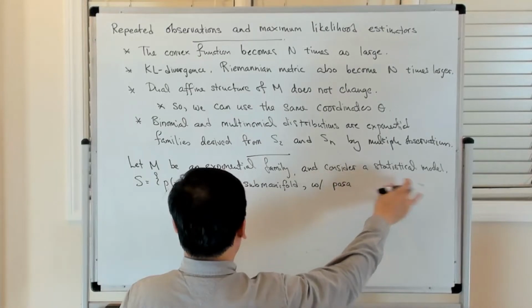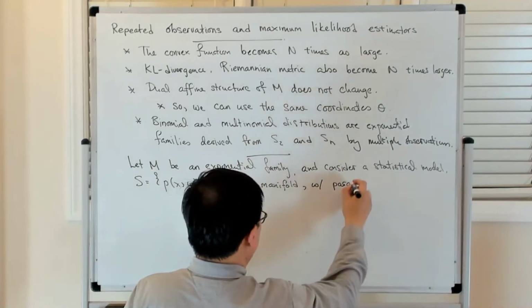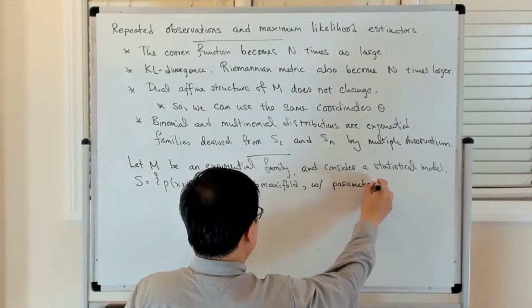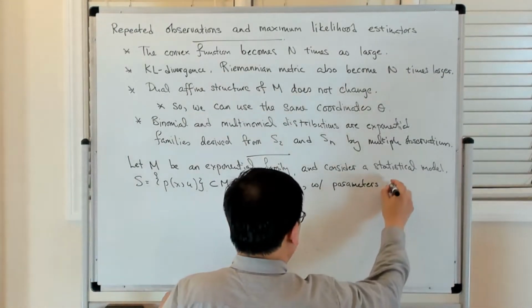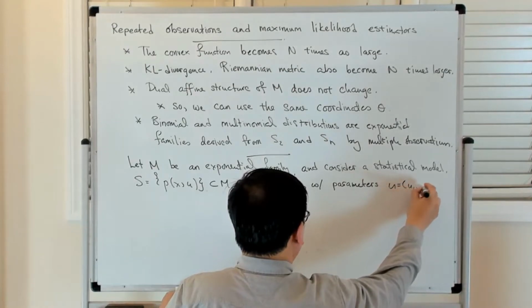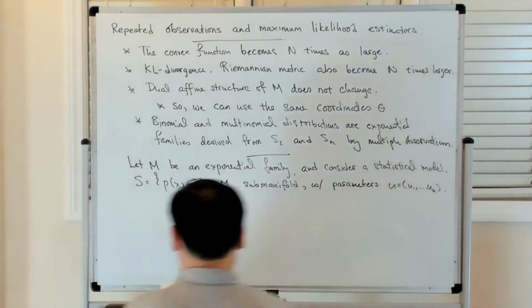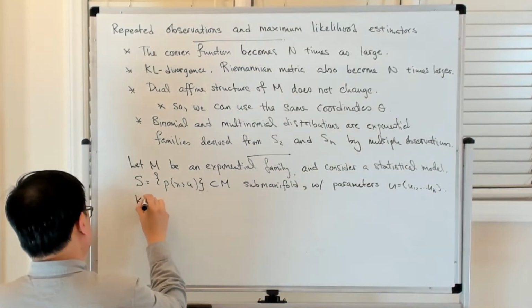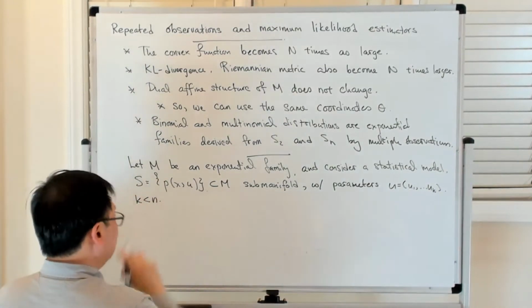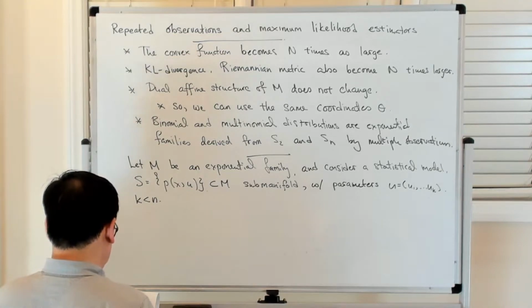The space of statistical models is parameterized by this u. u is going to be u1 to uK, with the property that K is less than the number of observations you've made.